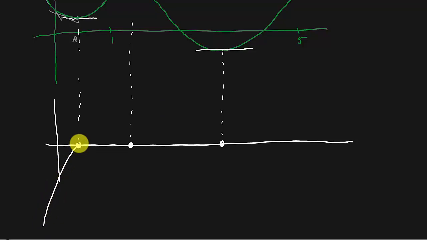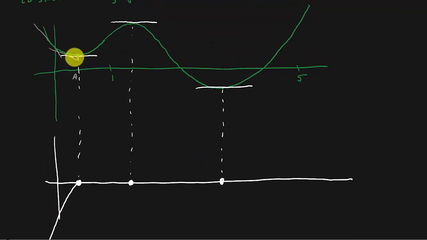They would all be negative values. And then here where the tangent line is horizontal, the value of the derivative would be 0. And then as we get past this point, x equals a, notice these tangent lines here have a positive slope. So that means the first derivative would be positive.